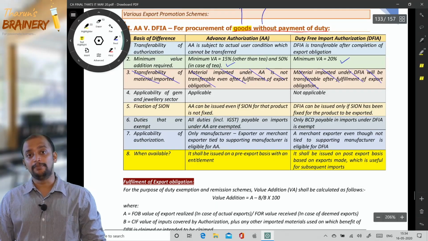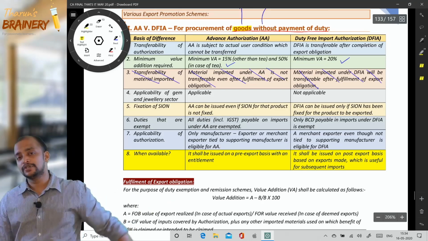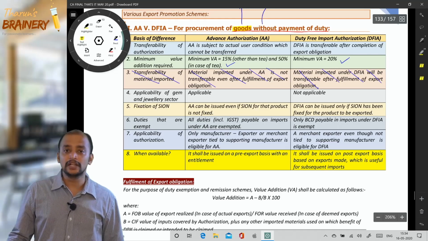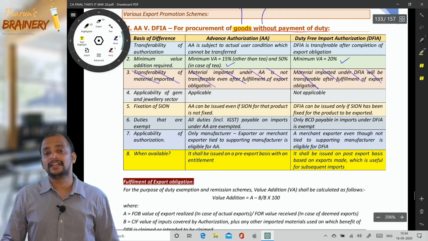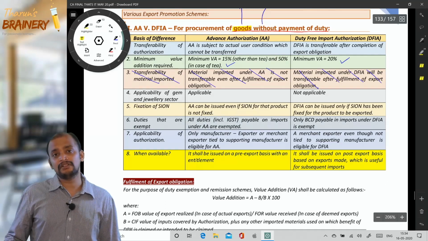Next point here is AA. All customs duties are exempted, including IGST. Whereas in DFIA, only basic customs duty is exempted. What about social welfare surcharge?